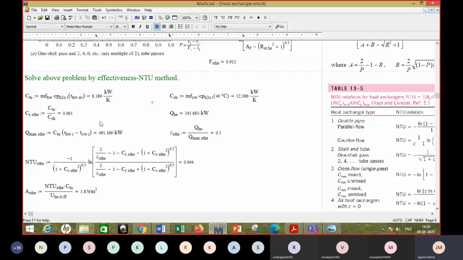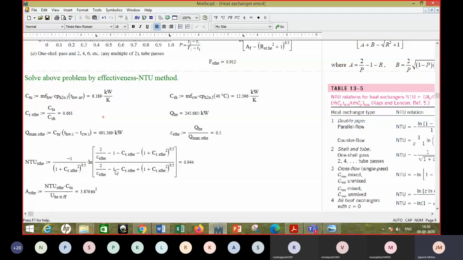And maximum heat transfer rate is always the minimum heat capacity rate multiplied by the hot water inlet temperature minus cold water inlet temperature, right? Both are inlet. So maximum temperature difference in the heat exchanger. So that gives you the maximum possible heat transfer rate. And from that you get the effectiveness.